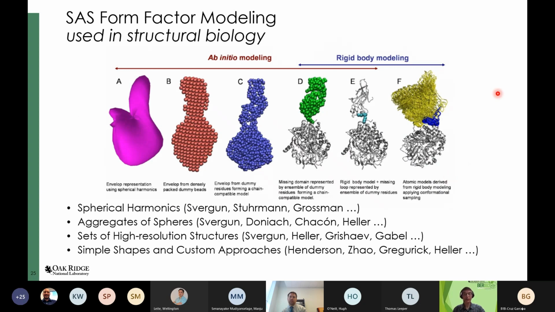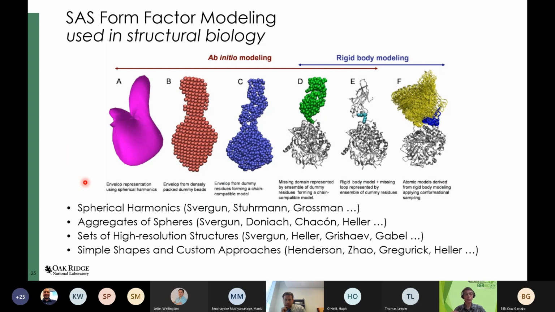And then Wellington, in his analysis breakout session, will be talking a lot more about analysis of dilute solution scattering. But these are some of the common programs that I use, especially developed for protein scattering, although they can be applied to other things as well.